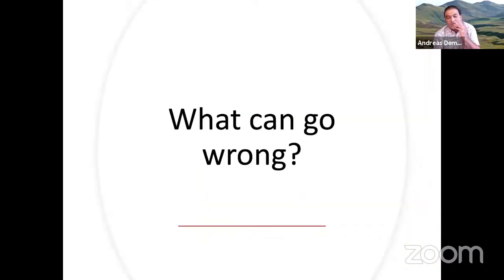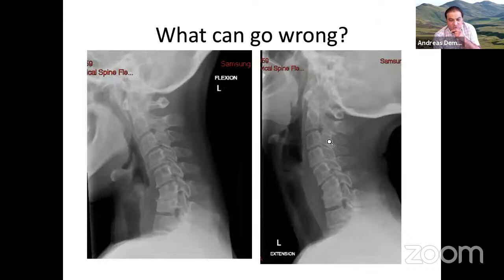What can go wrong? I think we have to acknowledge that either the wrong decision or poor surveillance can lead to kyphotic deformity, which we can see here in flexion versus extension in the cervical spine. This arguably can be tolerated by the patient fairly well in the cervical spine.